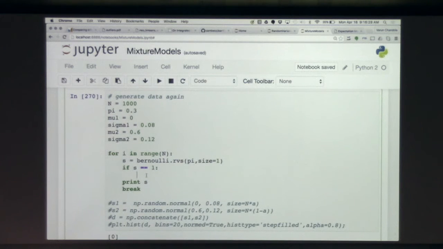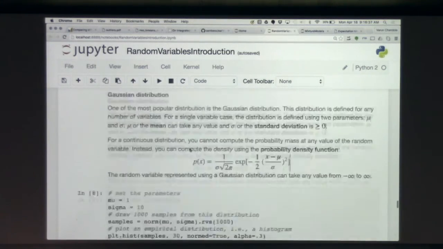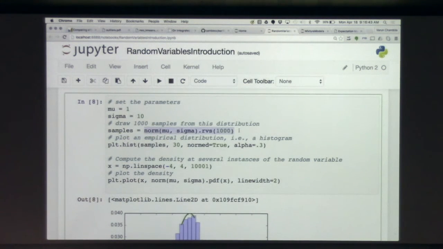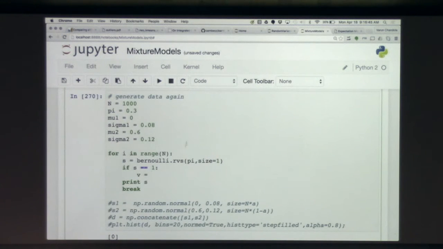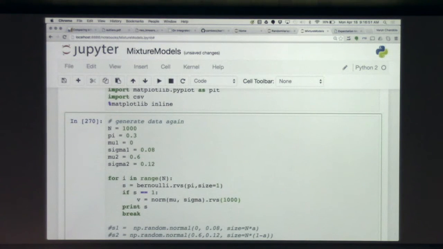Okay. So I'll say v is a sample from, how do you sample from a Gaussian distribution, is here. So norm here. Yes, so I will choose the first one, and then I'll choose 1.